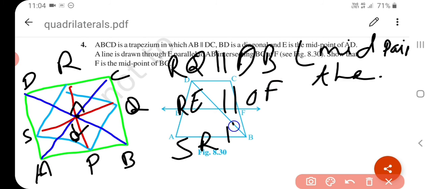SR is parallel to AC, as we saw in equation 1. So FR is parallel to OE, so OERF is a parallelogram.